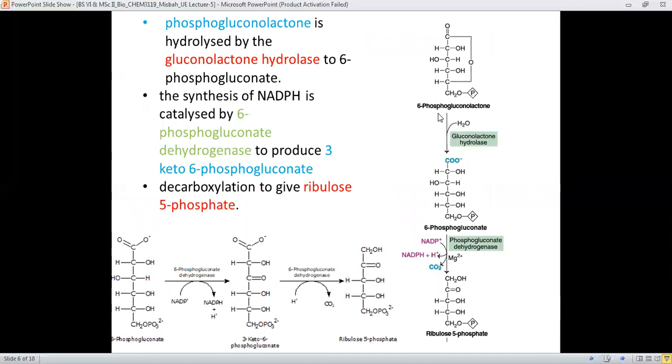This 6-phosphogluconolactone is further hydrolyzed by the enzyme gluconolactone hydrolase. What this enzyme will do, in fact, is break this bond. How will it break this bond? Because the water molecule carries a lone pair of electrons, and this lone pair will act on this carbon.